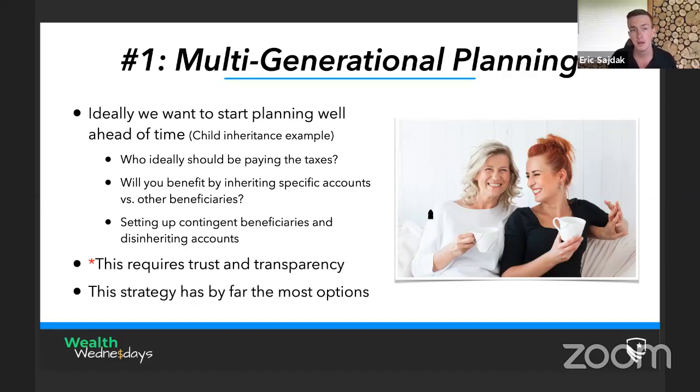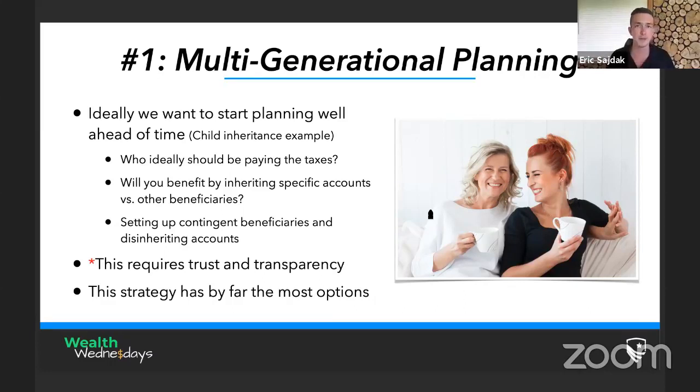The other thing as well, will you benefit by inheriting specific accounts versus other beneficiaries? Let's say that Ray had a brother and a sister, so three beneficiaries. Let's say Ray's mom is passing out a few different accounts, a taxable account, a Roth account, and a traditional IRA.